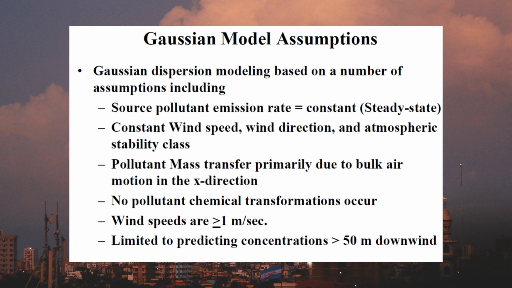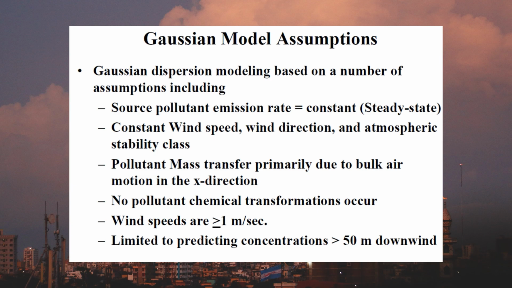And pollutant mass transfer is primarily due to the bulk air motion in the x direction, and it doesn't take into account if there is an obstruction or a terrain disturbance.